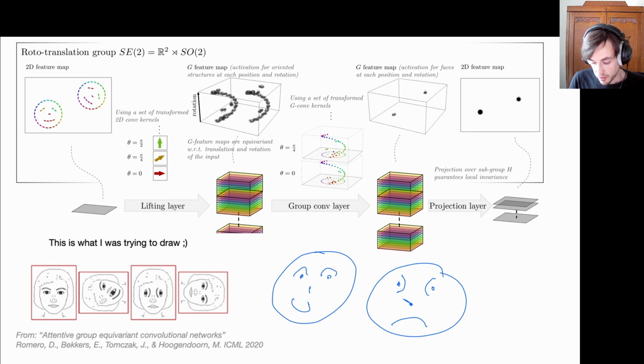And then I have a 2D feature map again that says, okay, I detected a face at this location. I don't remember anymore which orientation because I pooled over this axis, and the same over here. So we have actually recovered a locally invariant shape detector based on equivariant features.